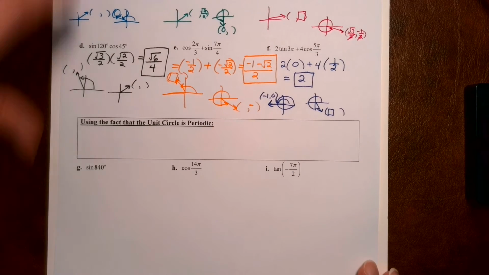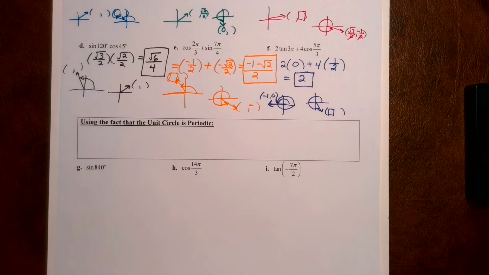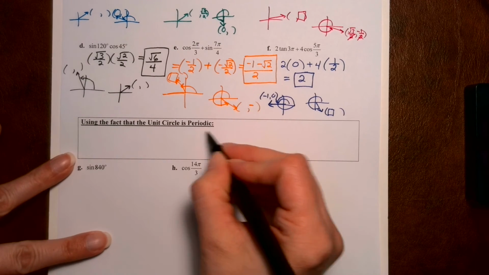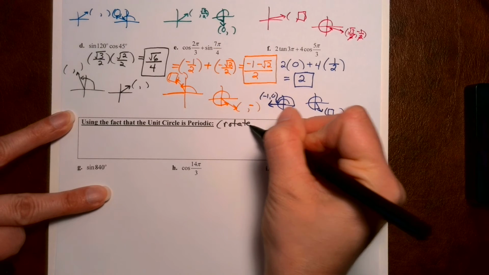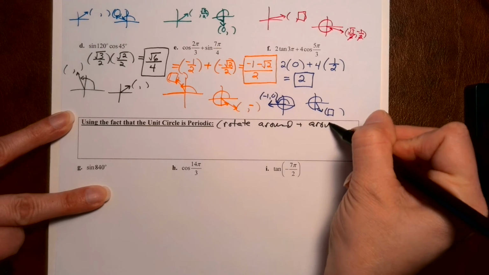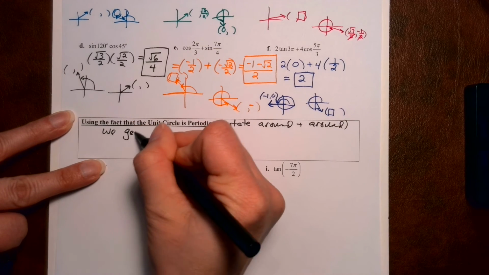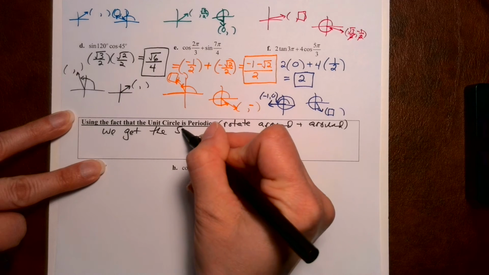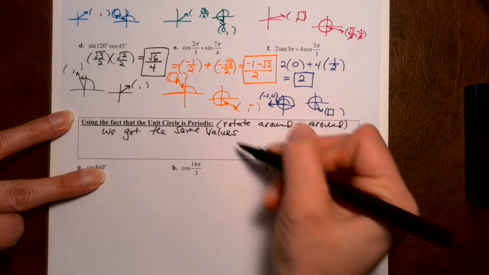Okay, the other thing we can do is use the fact that the unit circle is periodic. What that means is you can rotate around and around, and we get the same values every time we circle around.